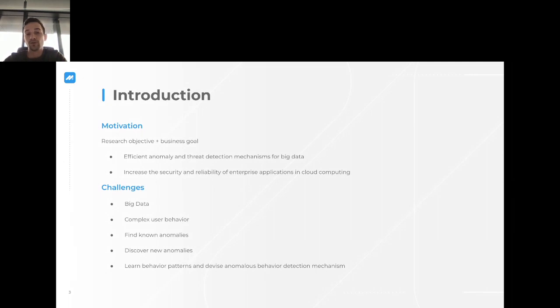Also, as we want to model user behavior, we know it's complex and a bit challenging, especially because the data set is wide and really long. The next challenges were to find the known anomalies and to discover new ones using unsupervised learning. And then in the end, with supervised learning, we want to learn that pattern and devise an anomalous behavior detection mechanism.